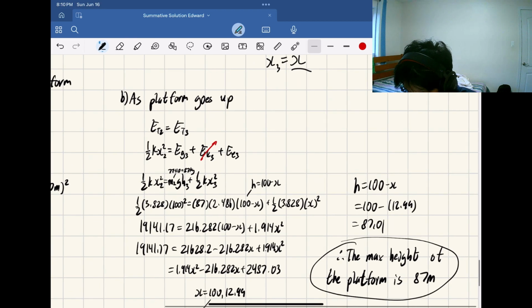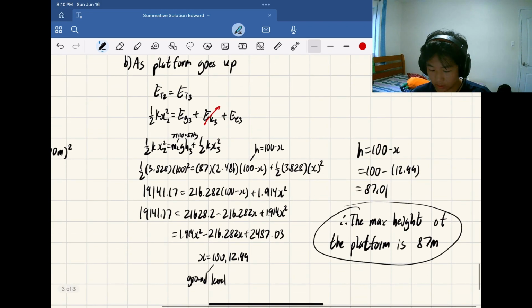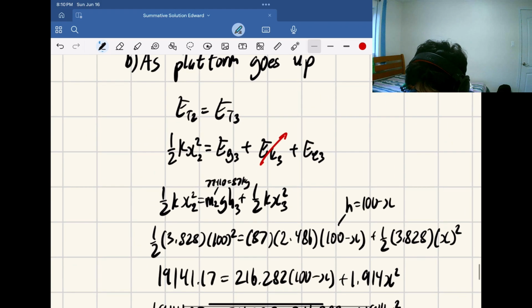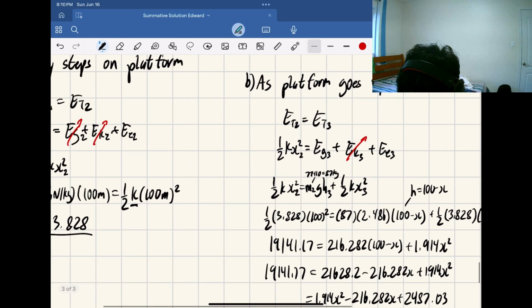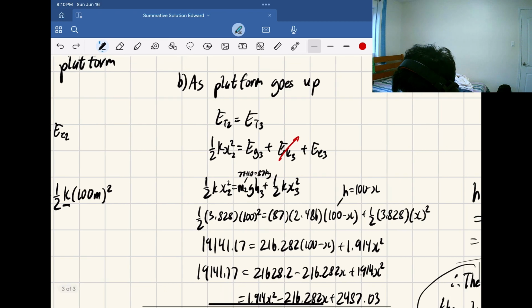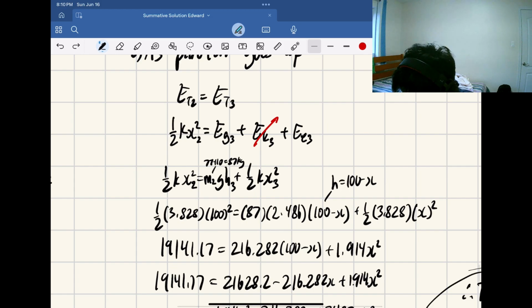So the second part is when the platform goes up, do the same thing. ET2 equals ET3. We have 1 over 2 kx squared, which is the same as over here, and we have EG plus EK plus EE.